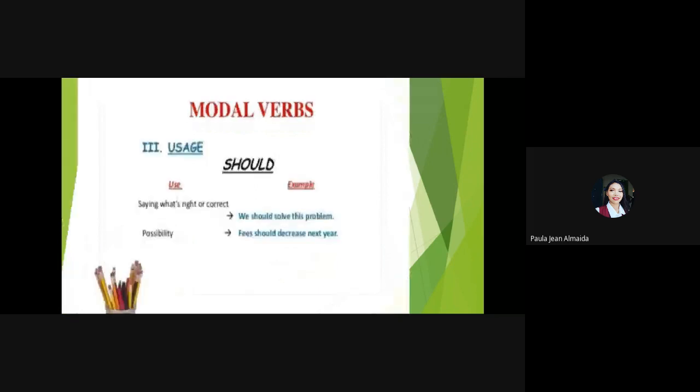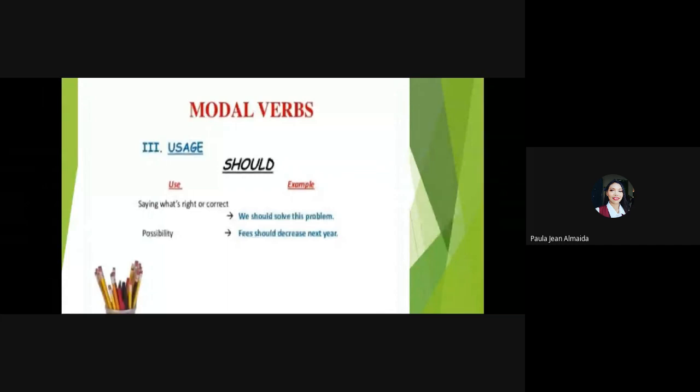So these are the modal verbs and the usage. These are examples of modal verbs on how to use them, with an example sentence. The first modal verb is should. You can use should in saying what's right or correct.